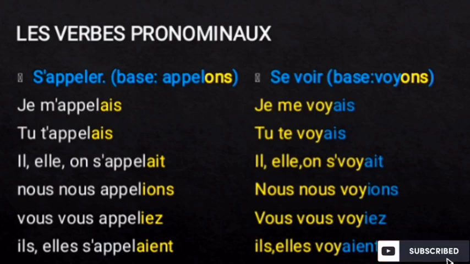Now, for pronominal verbs, the rule does not change. You just have to conjugate your pronominal pronoun as well and add the endings. Nothing changes. We have s'appeler, nous appelons: je m'appelais, tu t'appelais, il, elle, on s'appelait, nous nous appelions, vous vous appeliez, il, elle s'appelait.